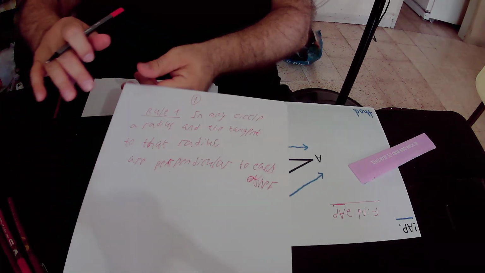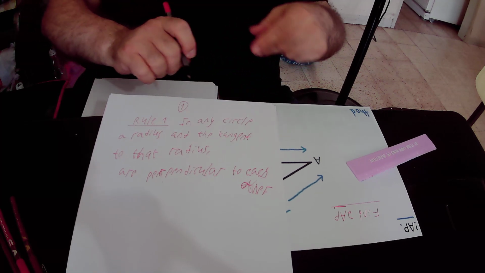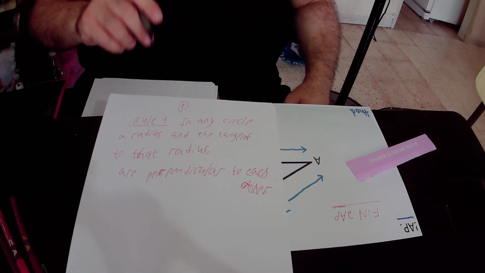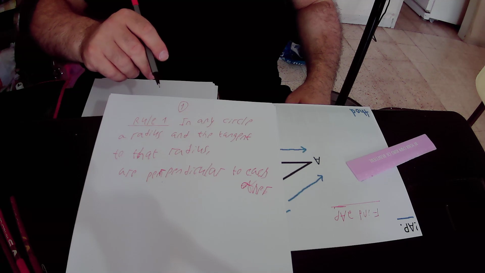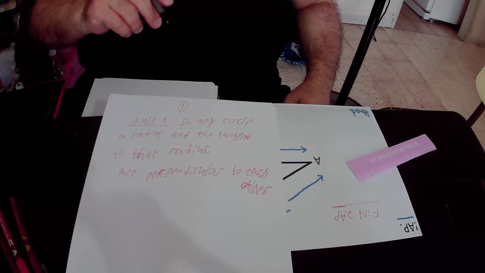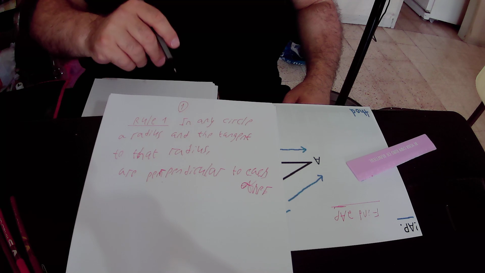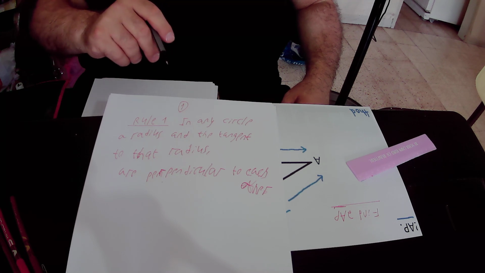Read it again. In any circle, a radius and the tangent to that radius are perpendicular to each other.